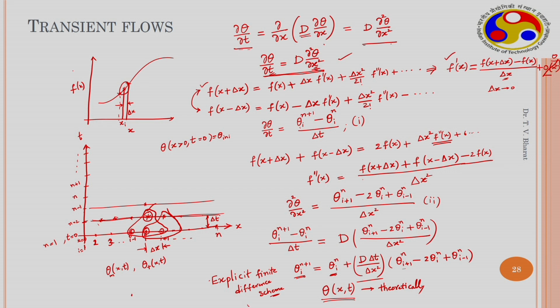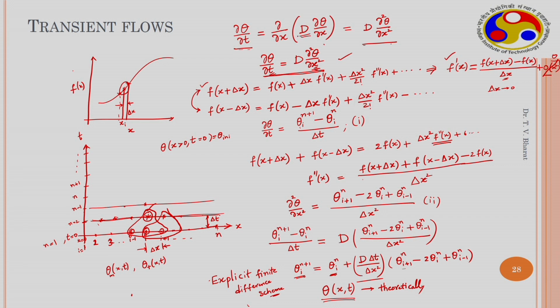So now I will demonstrate one way of estimating theta of x, t for known data of the hydraulic conductivity function and soil water characteristic curve, because once the diffusivity is known, our actual equation is dou theta by dou t equals dou by dou x of k dou h by dou x.